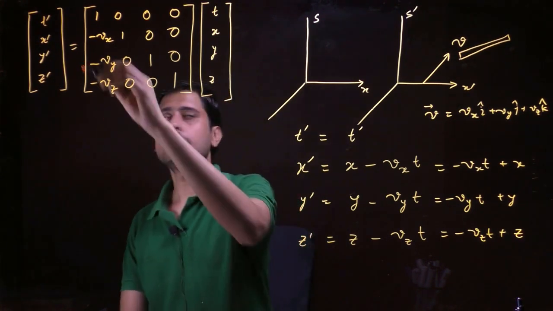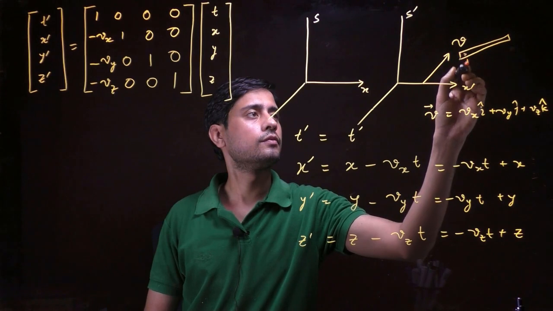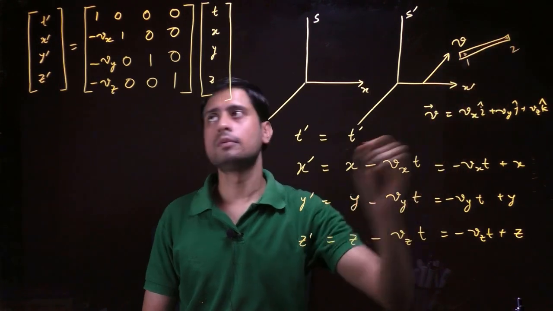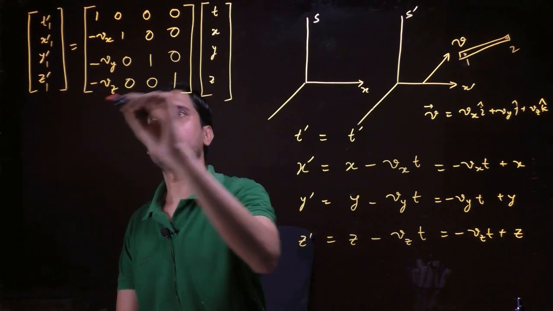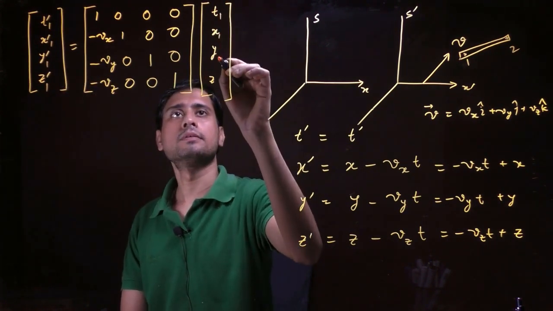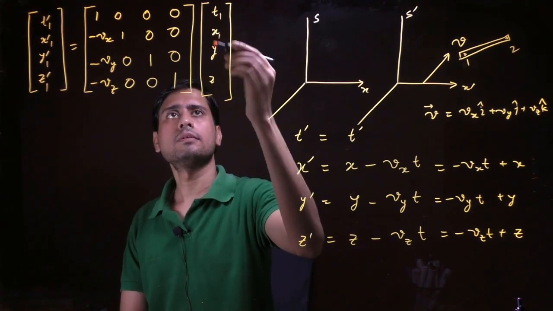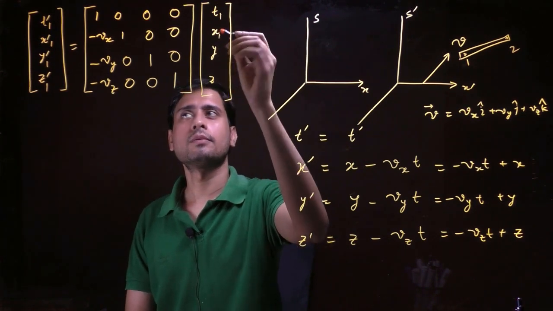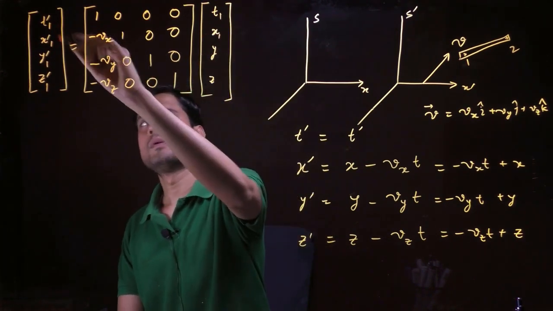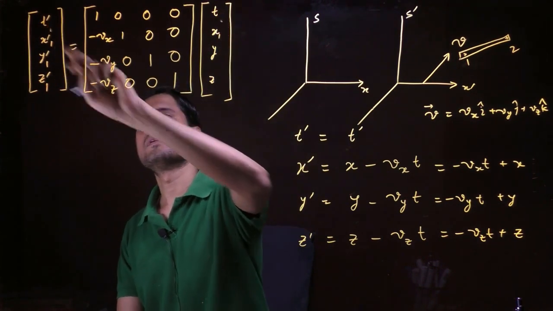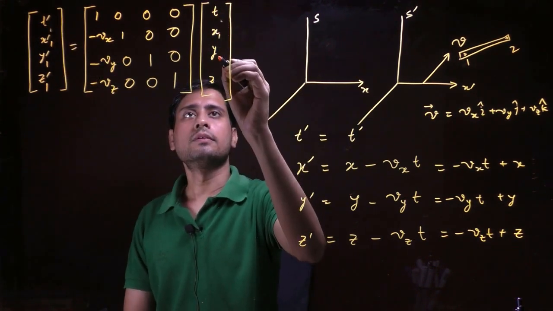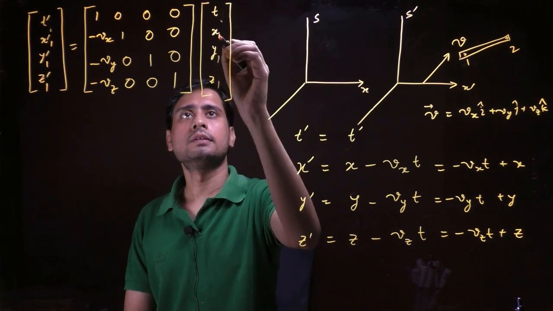We are just converting for this one, this is 1 and this is 2. So we will have to put a subscript 1 in a here. Note that t1 and t2 will be the same, so you can just avoid writing this 1 here and this 1 here. So this is y1 and z1.